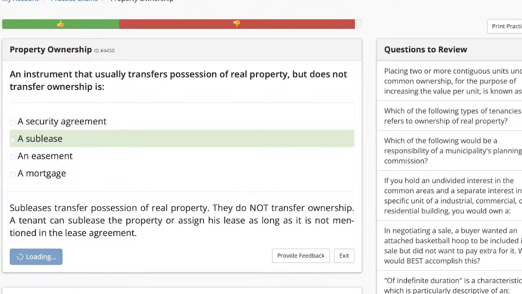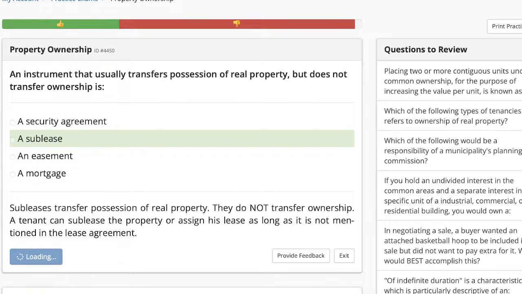You guys got that? A net lease is when you pay for things like tax, insurance, and maintenance. Tax, insurance, and maintenance. What is a percentage lease?